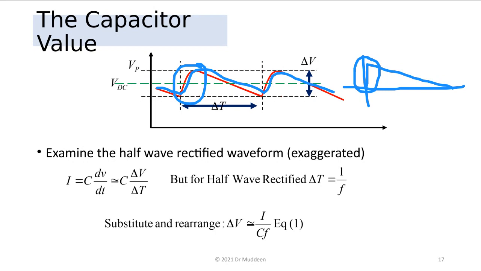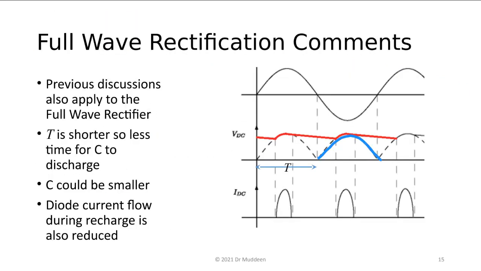And basically we can approximate the dV/dt behavior as simply delta V, the change in voltage, over delta T. And we also know that delta T, the period here, is 1 over the frequency of the sinusoid coming in. Remember how we had that from before.